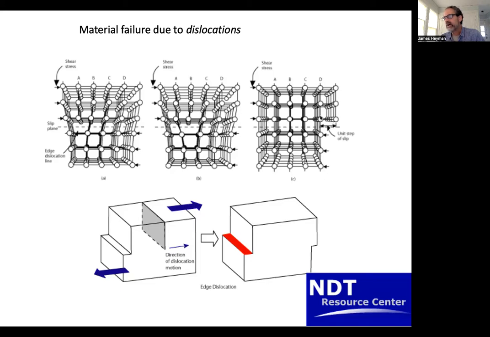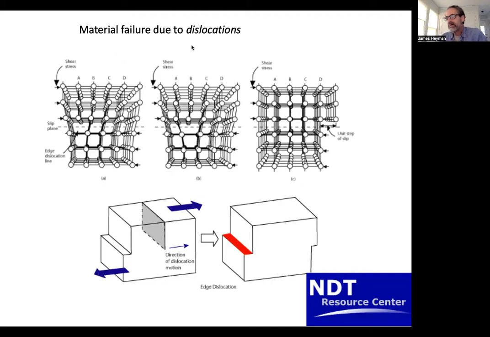And now the entire upper plane of atoms has moved over by one step. That's important because it takes much less force to do this than it would to actually move all the atoms at the same time. And the fact that this can happen is what makes metals so ductile, so soft. Okay?